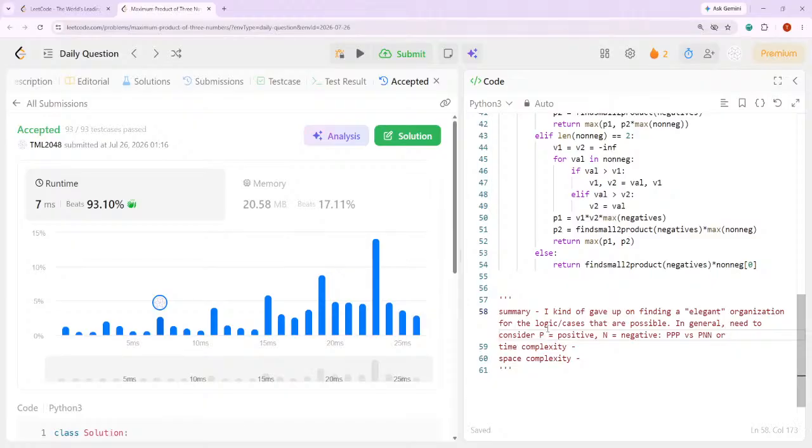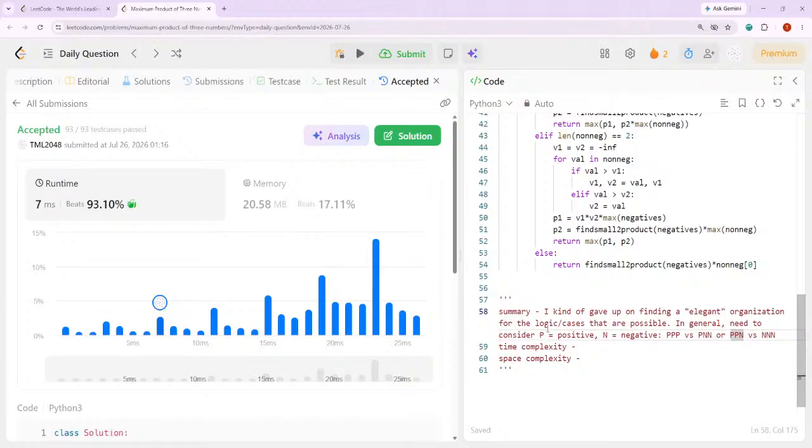Or it could be like two positives and a negative versus three negatives, something like that, because that's going to give you a negative. And this one could occur if you have only two positives to work with.